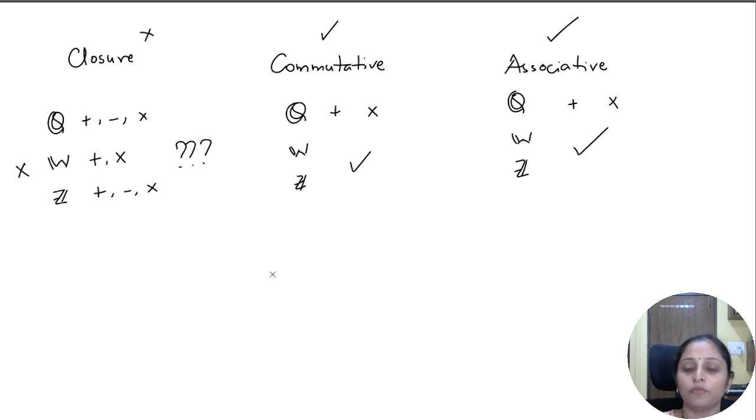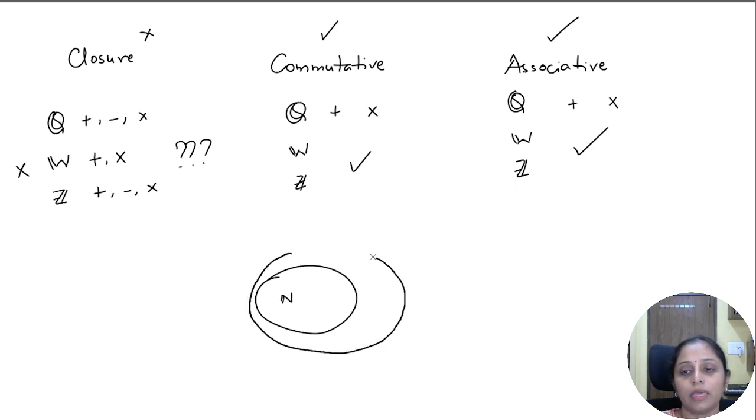Now here, for the sake of this, I want you to look at these sets using Venn diagrams. Now this is the set of natural numbers. Then I am going to take the set of whole numbers.